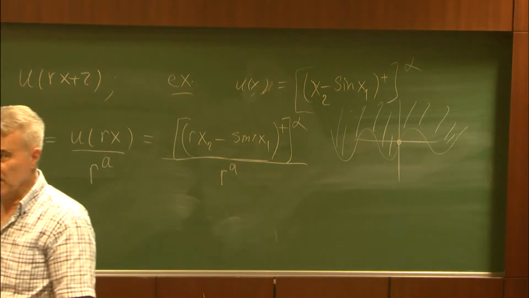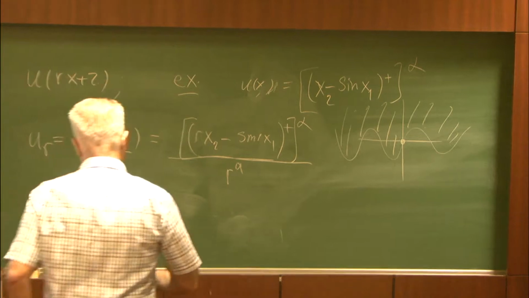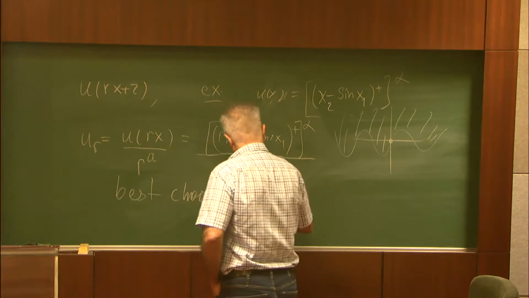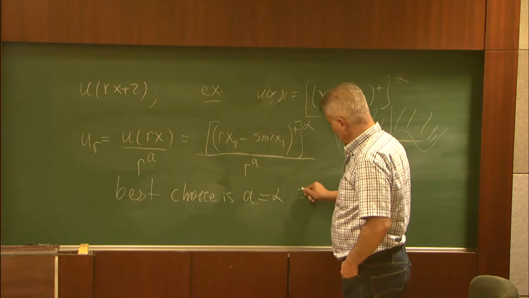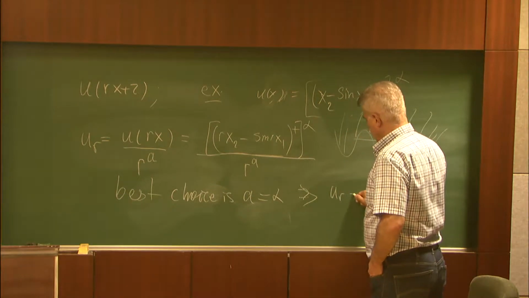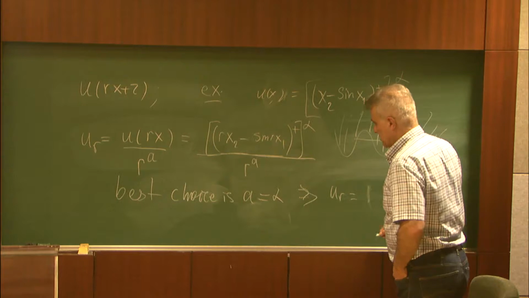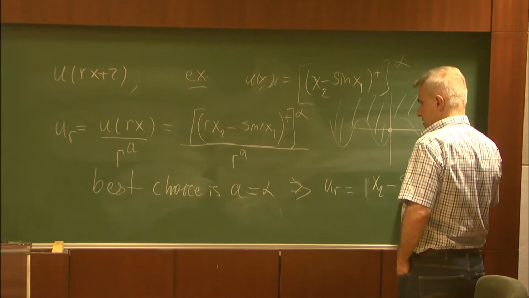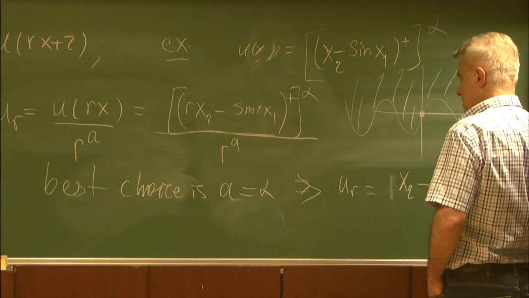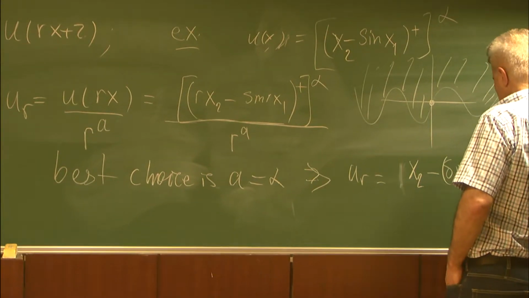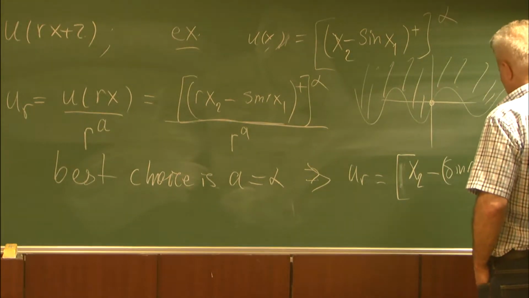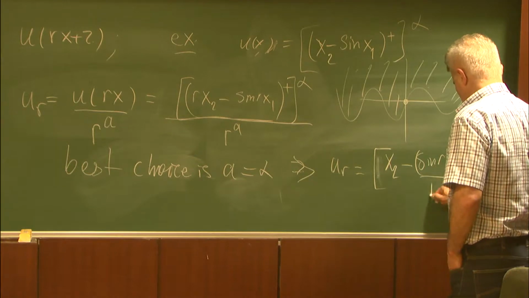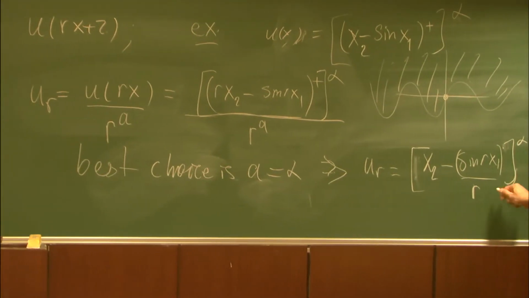If you choose a equal to alpha, then in the limit, that's the best choice, you get u_r is like (r x_2 minus sine of r x_1) divided by r, to the power alpha, and they're equal, so the r's cancel.